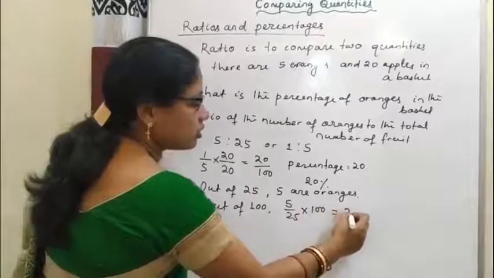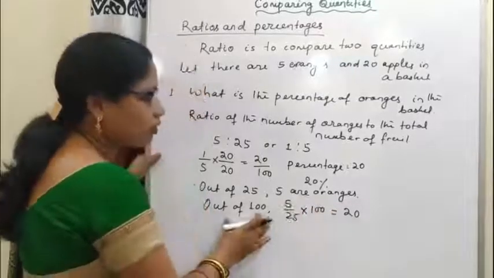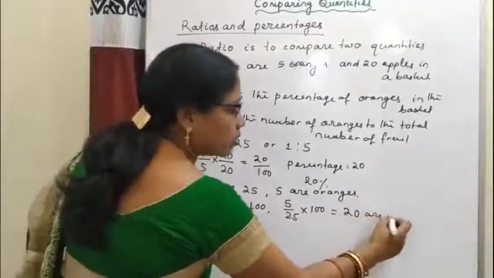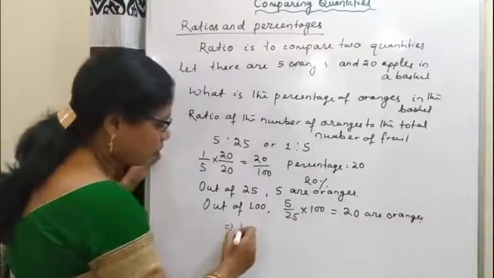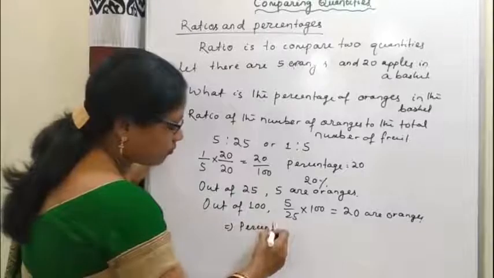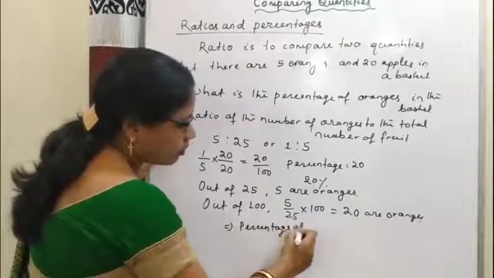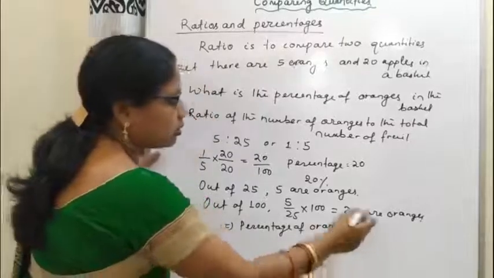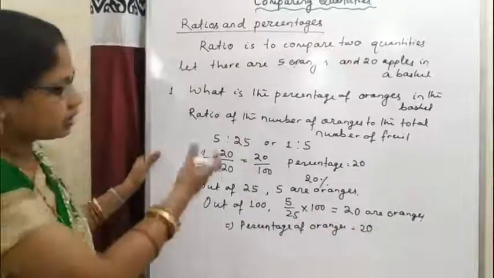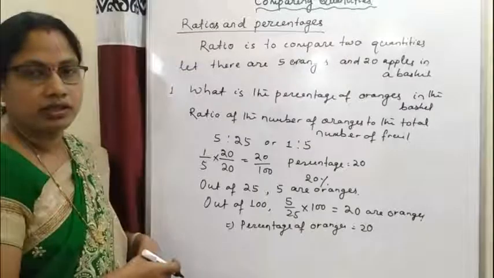So this is equal to 20. So out of 100, 20 are oranges. So that means the percentage of orange is 20. So the percentage can be calculated like this.